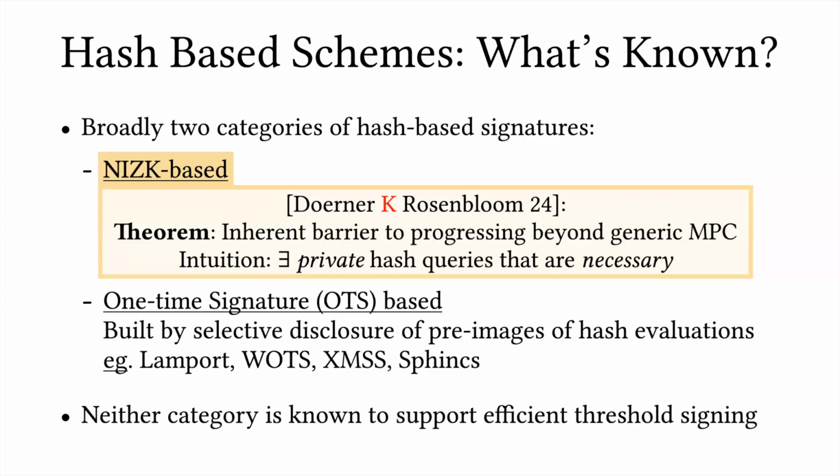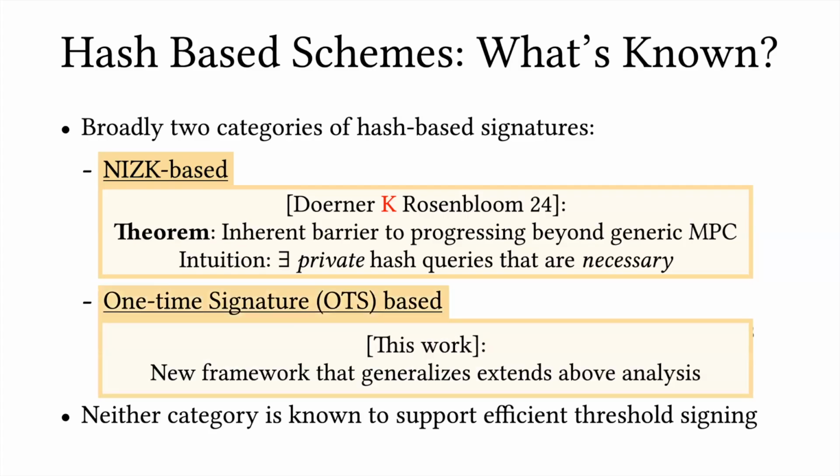So the natural conclusion from this is that there's essentially no general way to handle this problem other than using generic MPC, that you have to perform this hash evaluation on private inputs in a non-black-box way, like you use generic tools to compute these things.